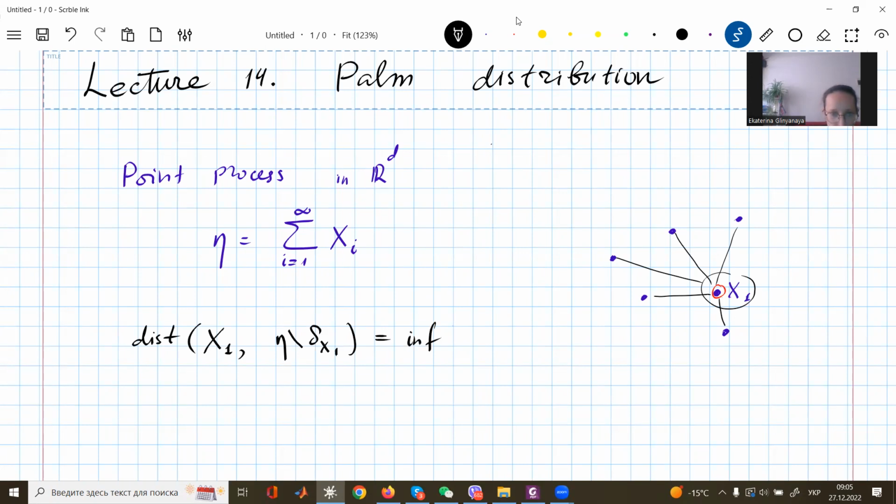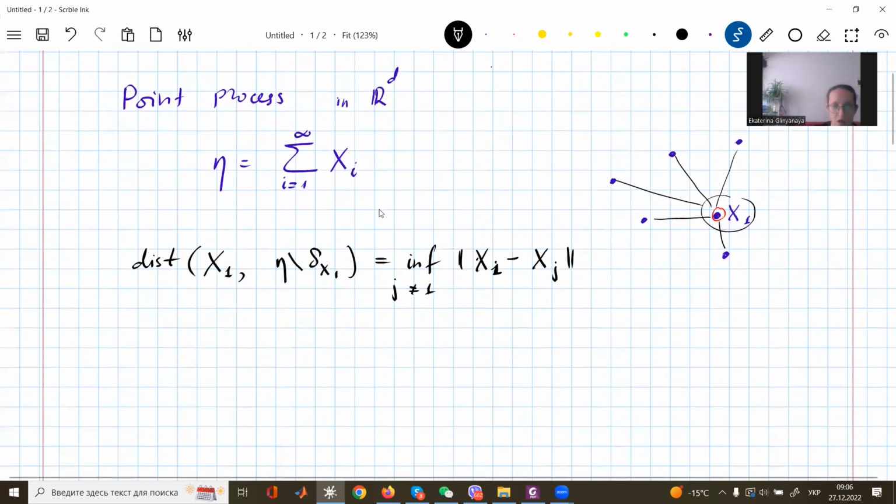I write the minimum of the norm of x1 minus x_j, where j does not equal 1. This is the definition of the distance. So I want to find the closest point in the point process to x1, and we understand that this is a random value, so I want to understand the distribution of this random value.